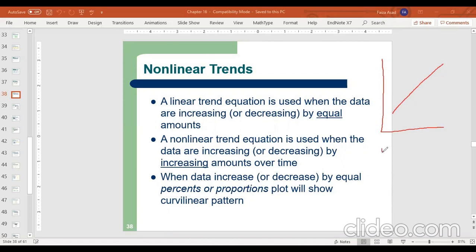But non-linear data is in a curve shape on an arithmetic scale. So this curvilinear data is interpreted in percentages or proportions. Let's move on and see how to deal with the non-linear trends.